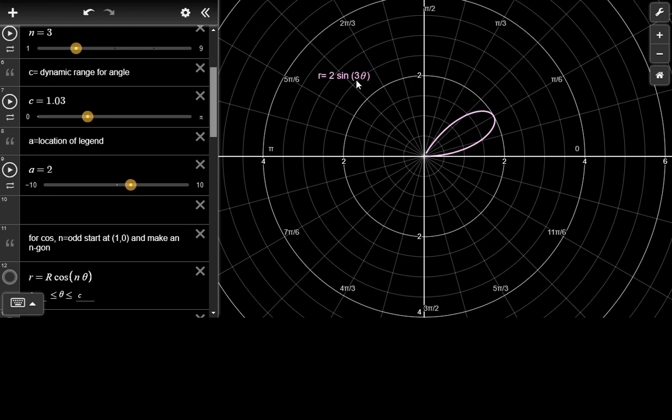Remember, this is a sine of 3 theta. So if your theta is pi thirds, 3 times that becomes pi, and sine of pi is 0. As the argument inside the parentheses approaches pi, we approach 0, and that's when we are back at the pole.